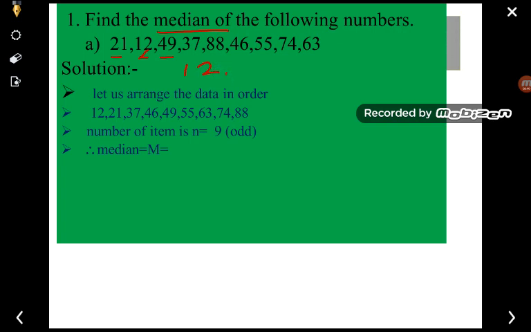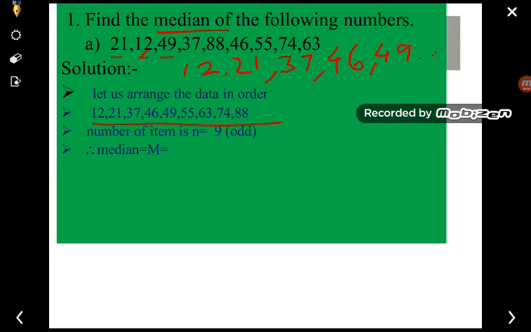So 12 first, next will be 21, next 37, next 46, next 49. In a similar way, we arrange this data in increasing order, or you can also arrange it in decreasing order. So you will get the series in this way.